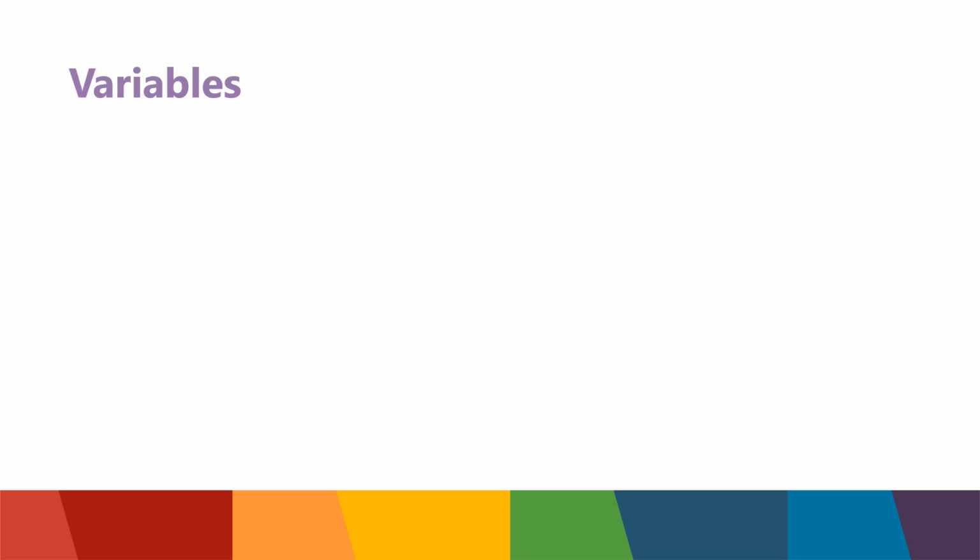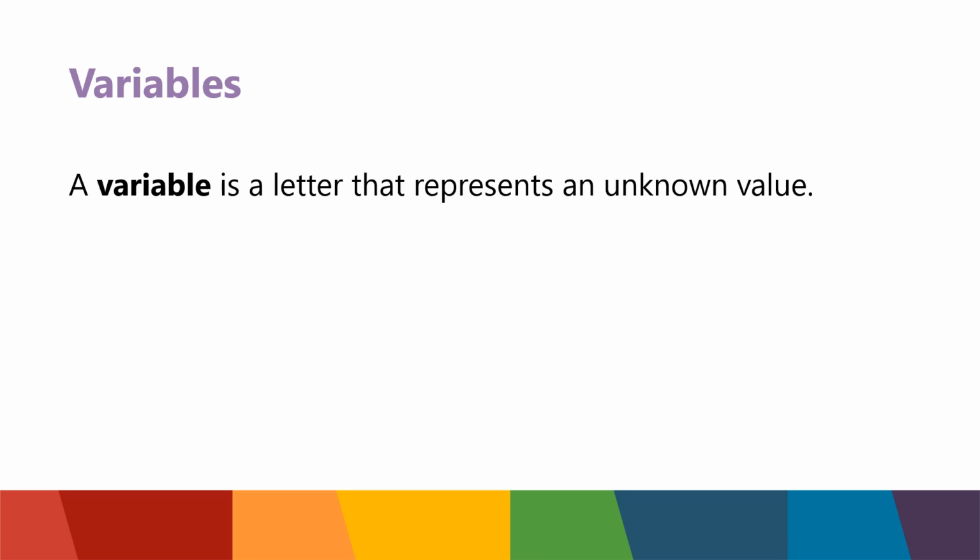Variable comes from that same word. A variable is a letter that represents an unknown value. Our job most of the time is to find that unknown value, to solve for that variable.